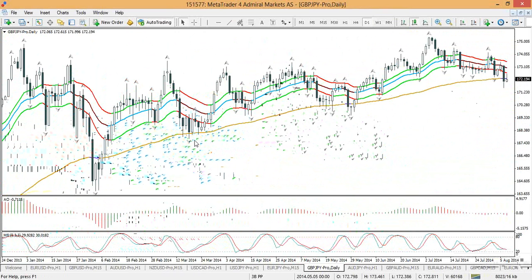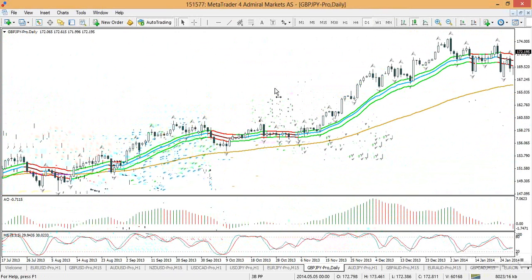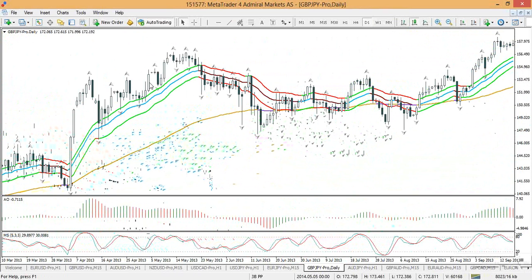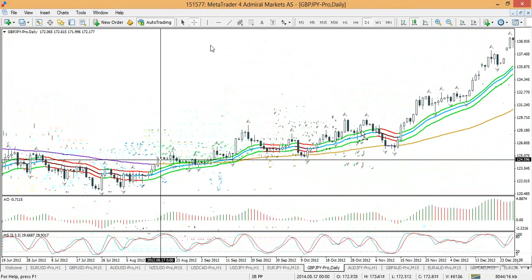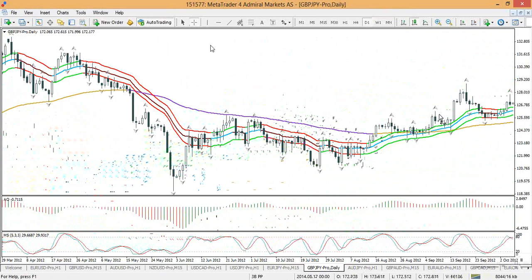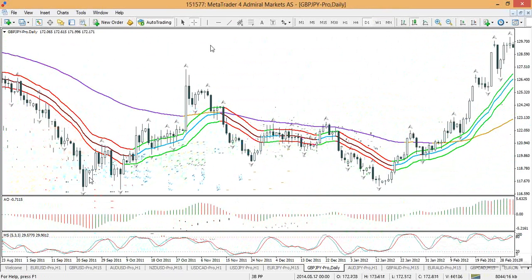You see this 89 EMA has acted as a kind of golden last line in its uptrend defense from the very start of the uptrend in August 2012, 2 years ago. After the pound yen made double bottom here at about 117.50, if I remember correctly. 117.50 indeed.